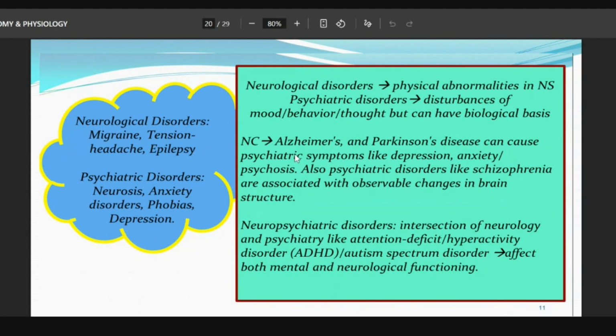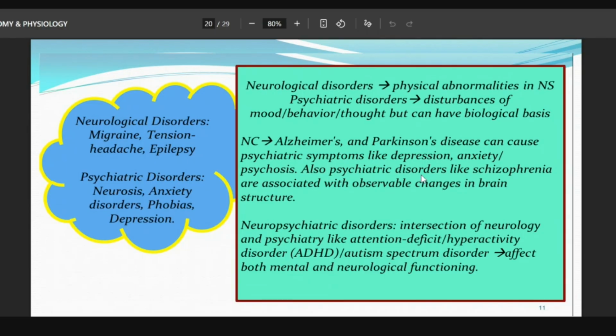But we should remember, though they get certain psychiatric symptoms, their basic cause is neurological. Some dopamine, some area in your brain is impaired. So that is the reason this has come into place in the first place. So they can have psychiatric symptoms.